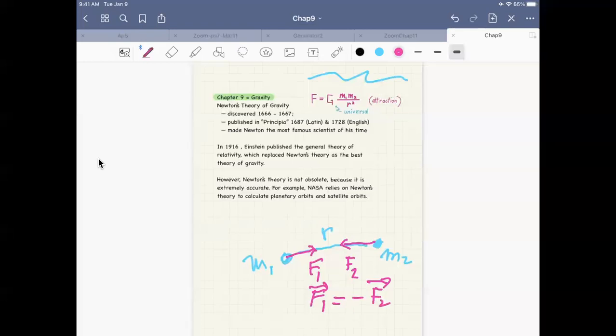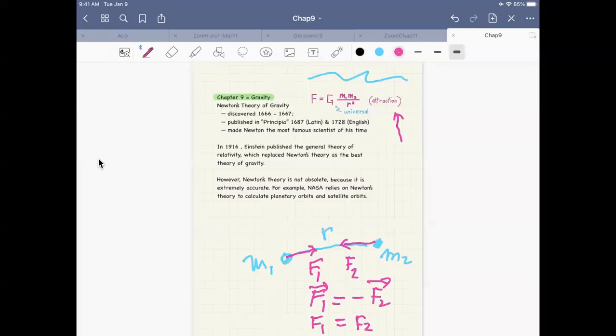A vector is a mathematical quantity with a direction and an amplitude. They have opposite directions and equal amplitudes. So the F1 magnitude is equal to the F2 magnitude, and that force magnitude is given by this equation.